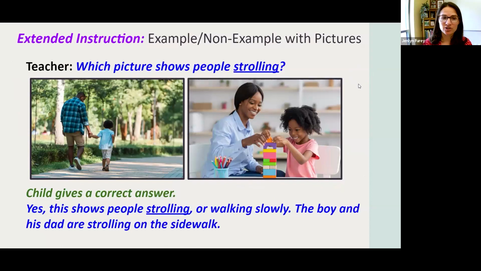Yes, this picture shows people strolling or walking slowly. The boy and his dad are strolling on the sidewalk. So notice with the teacher feedback, again, you're repeating the word, you're giving that student-friendly definition, and then you're also modeling what this word would look like in a sentence. So you're modeling using the word in a new, different context.